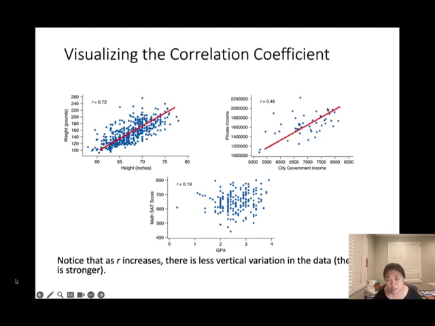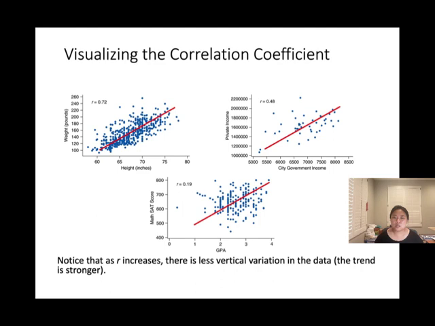I could still draw the line and still see kind of a pattern, but not all the points are around the straight line. So we can say this is a weak linear correlation. This one, R equal to 0.19, is really close to 0. I would say that's a really weak linear correlation.